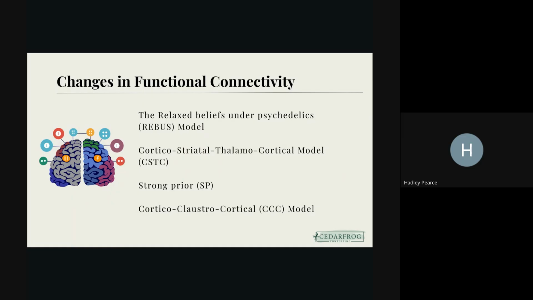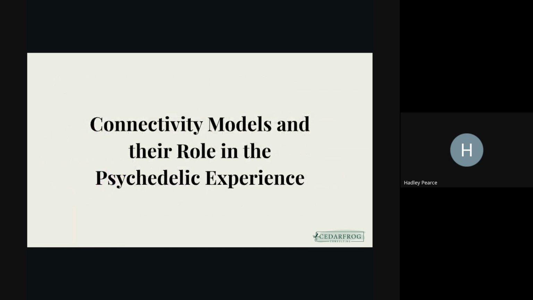They are the relaxed beliefs under psychedelics model, or the REBUS model, the cortico-striato-thalamo-cortical model, strong prior model, and the cortico-claustro-cortical model. They're a bit of a mouthful.